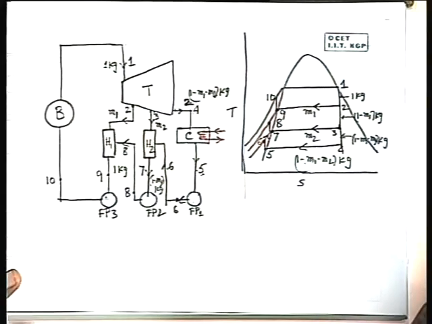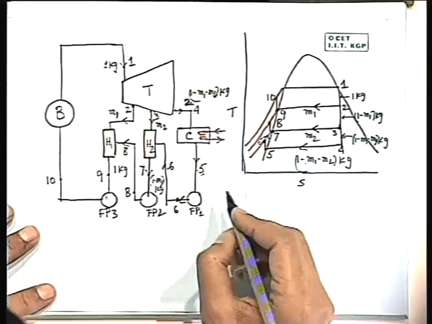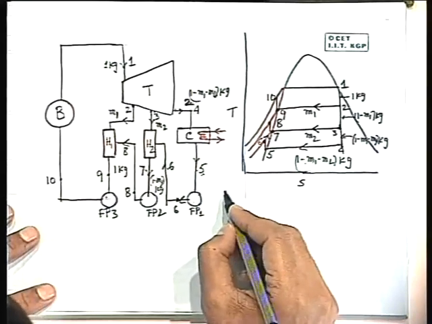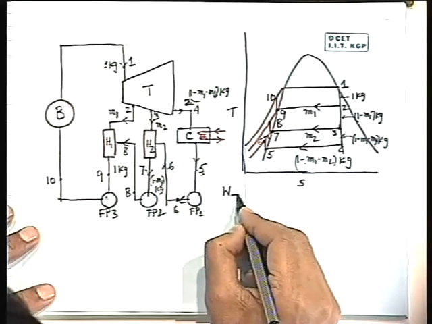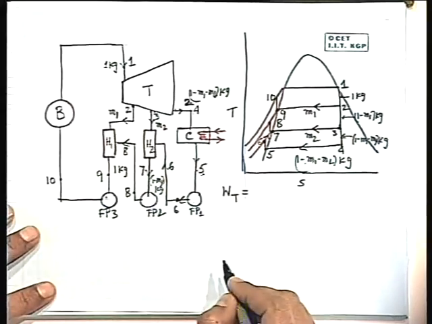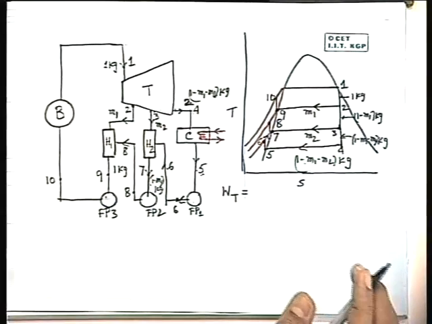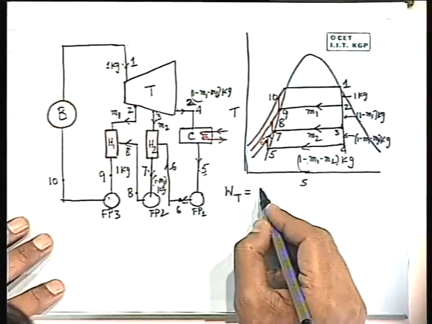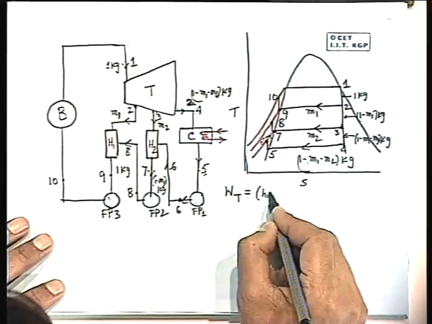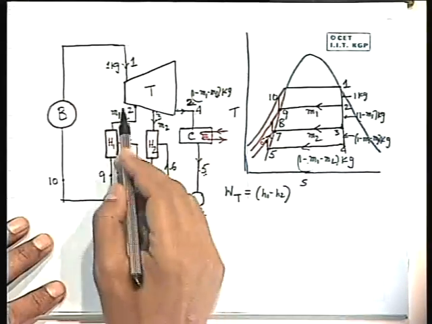Now, if I write the expression for work of the turbine, last class one of you asked this question, I was very happy: work is reduced. Per 1 kg, the work done is H1 minus H2, but here the mass is changing.